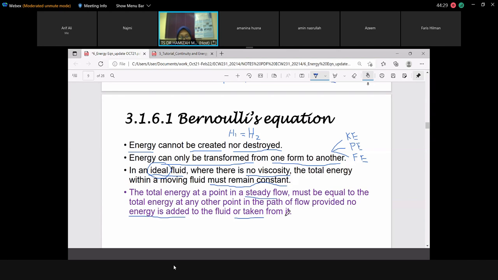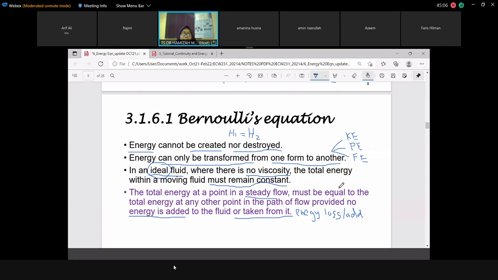So this means that no energy loss and also no additional energy. Okay, so untuk Bernoulli equation ni boleh follow tak? Boleh doktor. Okay, boleh kan? Kalau tak boleh beritahu.